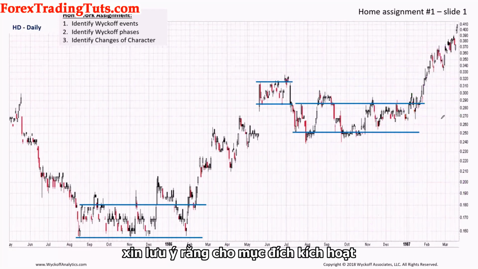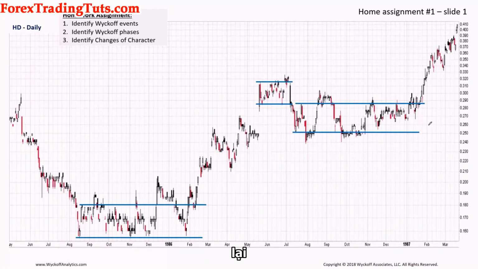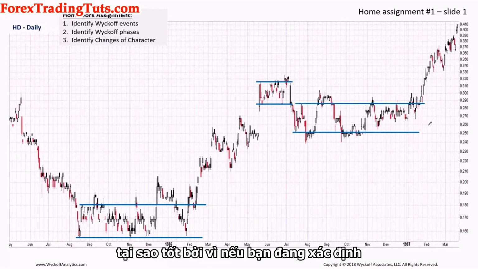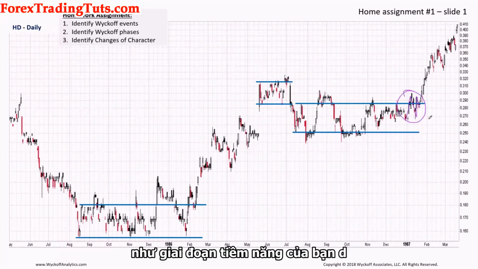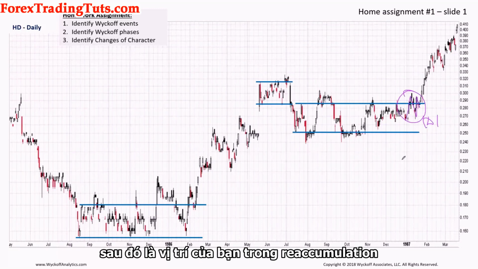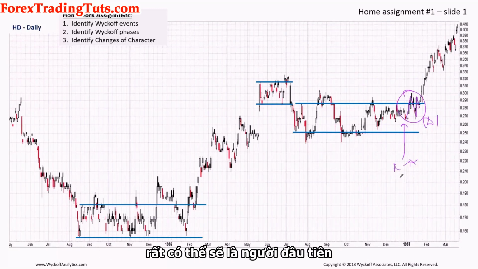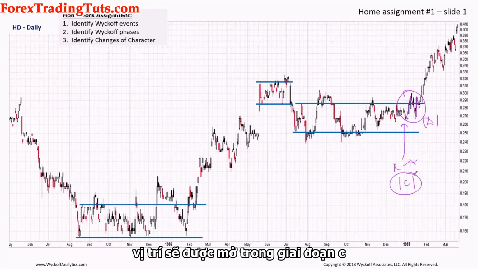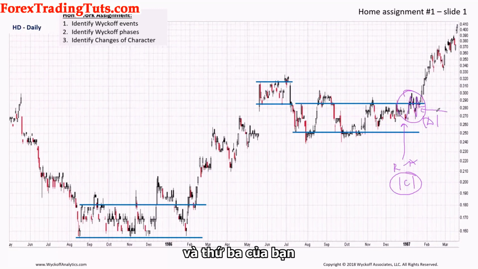Please note that for trading purposes, again, it doesn't really matter. Why? Because if you're identifying this as your potential phase D, then your position in reaccumulation is most likely going to be: the first position is opened in phase C, and your second, third, and fourth positions are all going to be here.